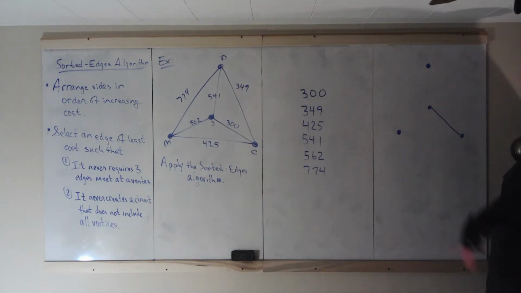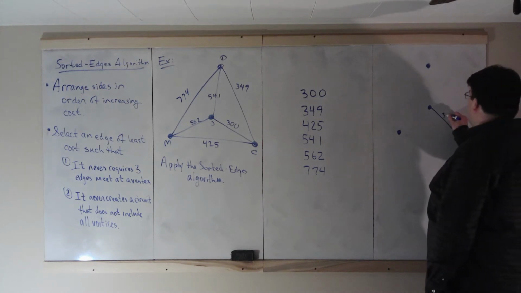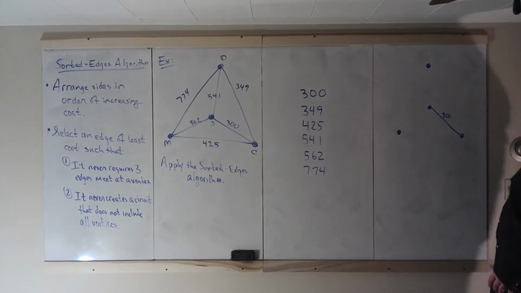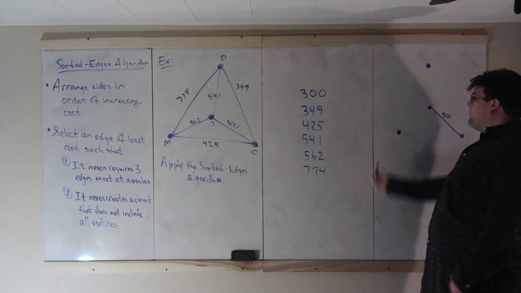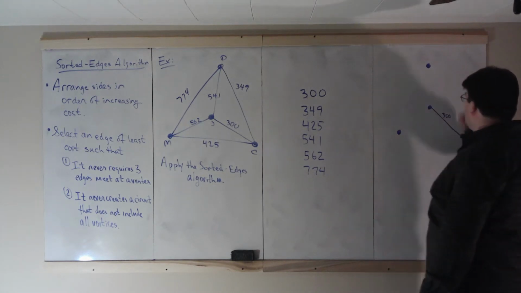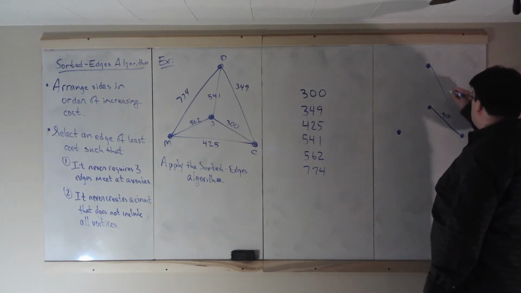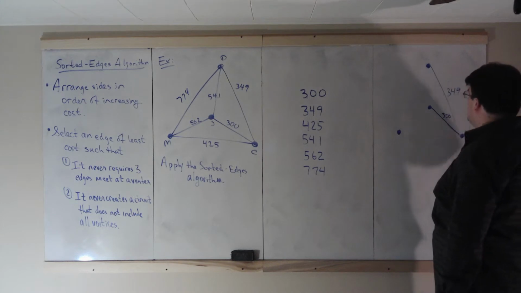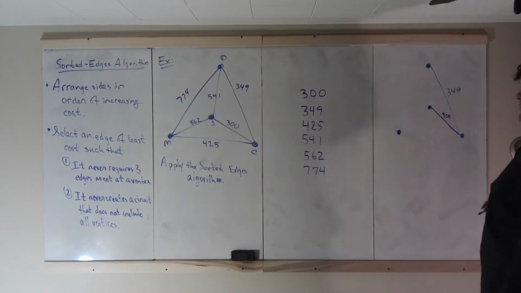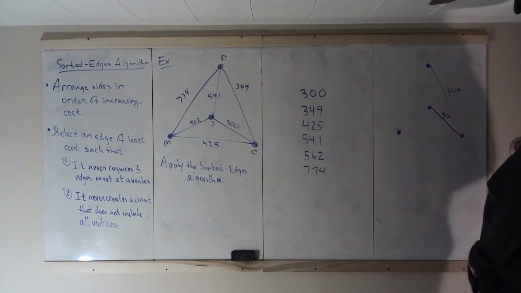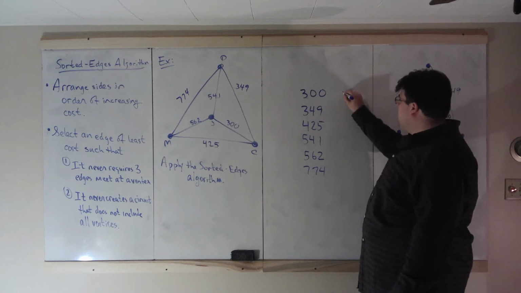So we can add 300, that's okay. How about 349? That's this one. Well, that's okay. That doesn't have 3 edges meeting at a vertex, and that never creates a circuit that does not include all vertices. So we could add this one.